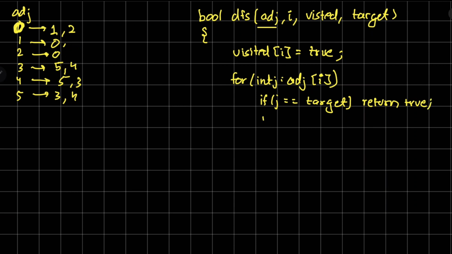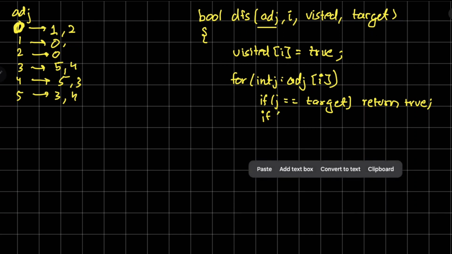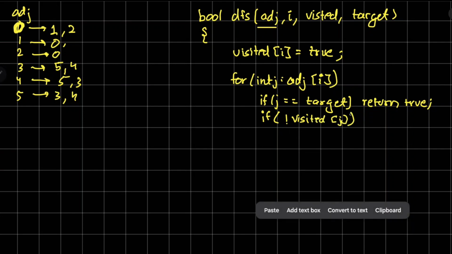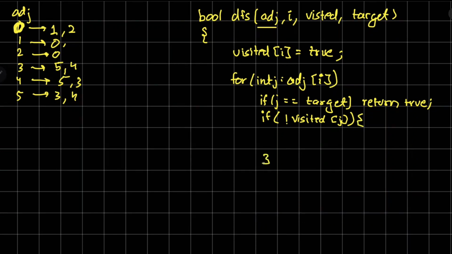If it is not equal to target, then we will have to explore further. But we will only explore those nodes which are not visited. So if not visited of j, we will call the DFS function for j.